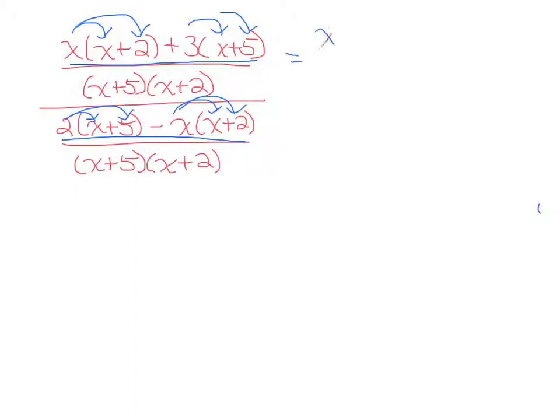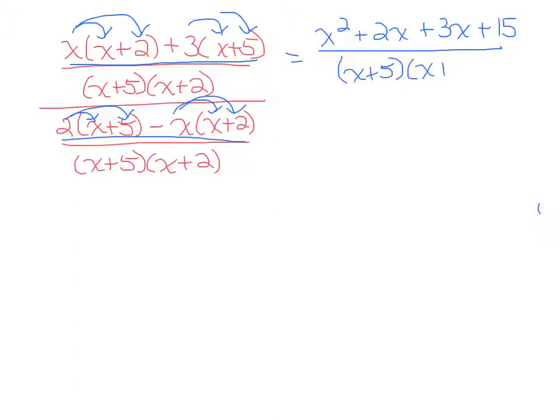We get x squared plus 2x plus 3x plus 15, and 2x plus 10 minus x squared minus 2x.